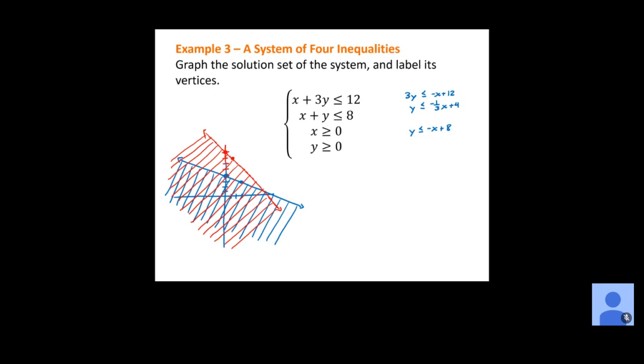Well, x equals 0 would just be a vertical line along the y-axis because that's where x is equal to 0. Greater than or equal to, then, we're going to shade everything to the right of that because that would mean we want it to be positive. I'm just going to shade everything to the right of the y-axis this time.